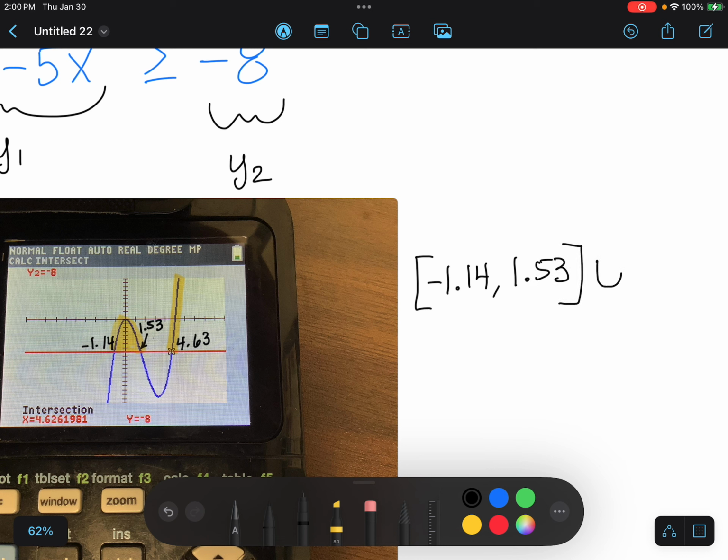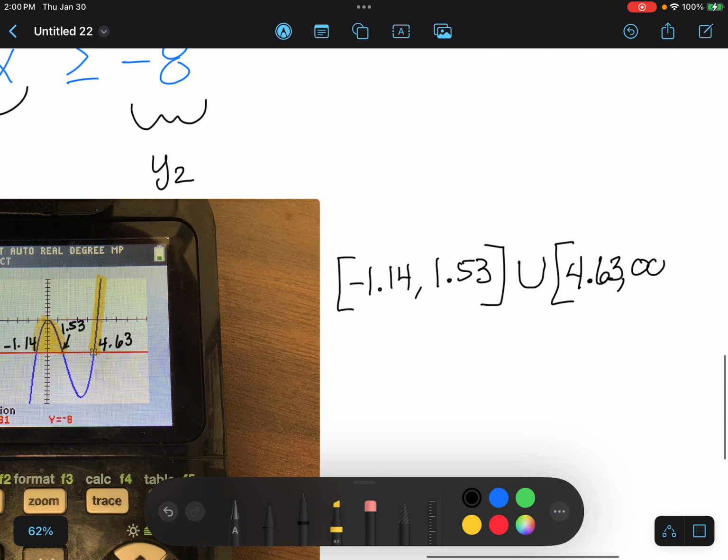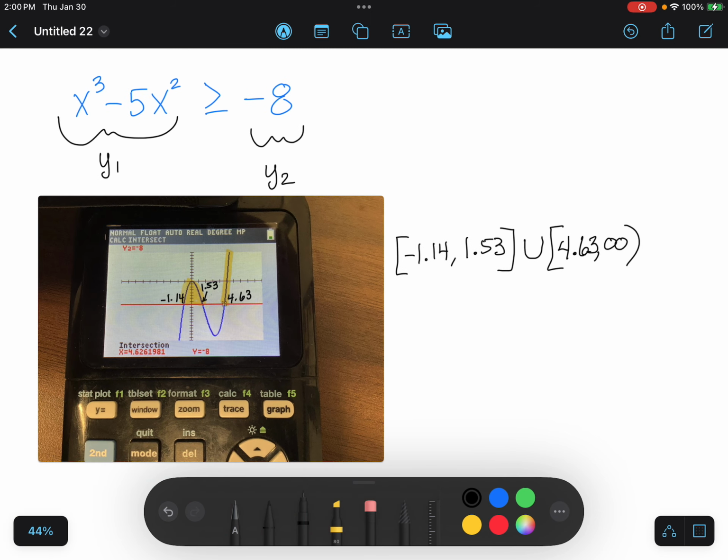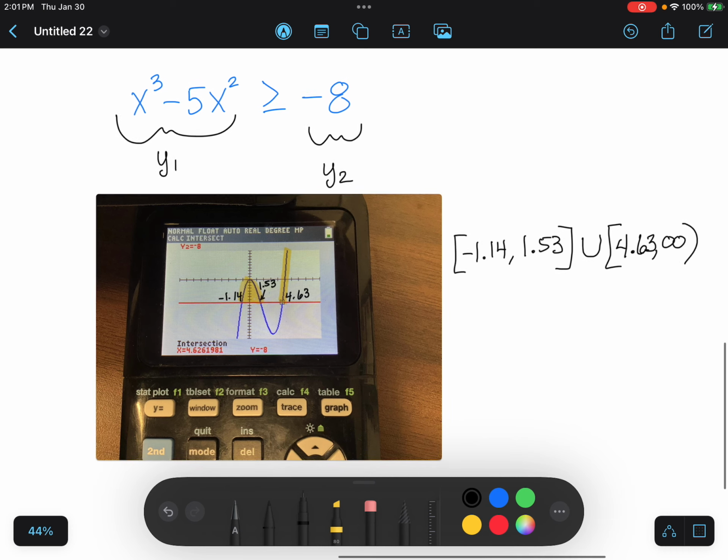And then because there's two of them, I use a union symbol. 4.63 to infinity and beyond. And that would be how I would answer my questions, okay? So this saves us a lot of time when it comes to, instead of doing these all by hand, we can just use our calculator to do that.